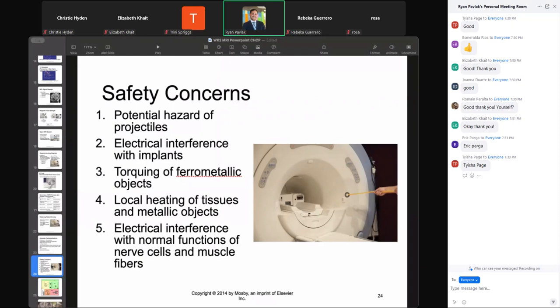So there's a lot of different things that go into it. Torquing of a ferromagnetic object, local heating of tissues and metallic objects, electrical interference with normal function of nerve cells and muscle fibers.